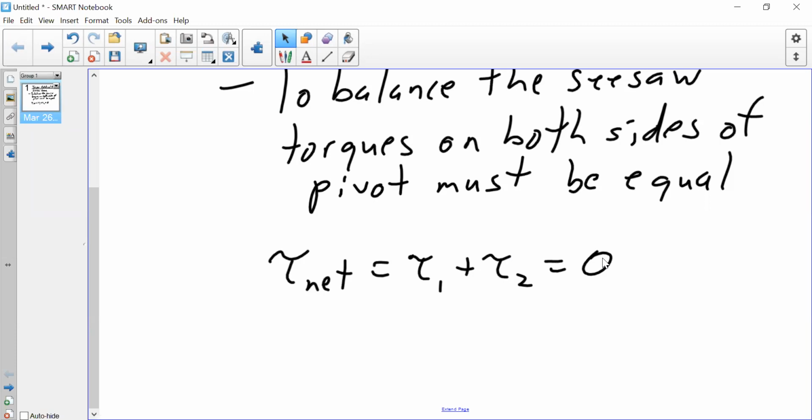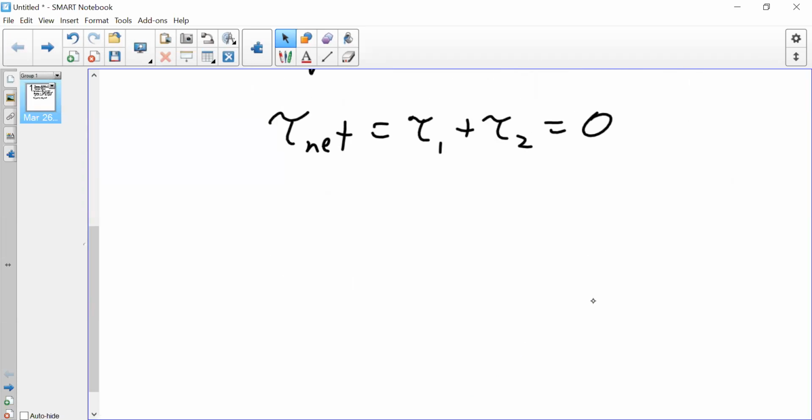We're pretty much going to be working with just 2 torques today, one on the left side of the pivot and one on the right side, and there could be multiple masses on each side, but that's the basic idea.